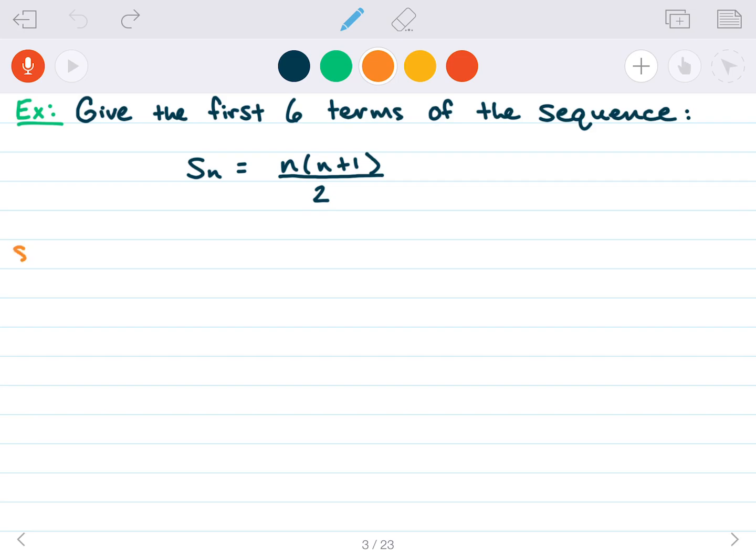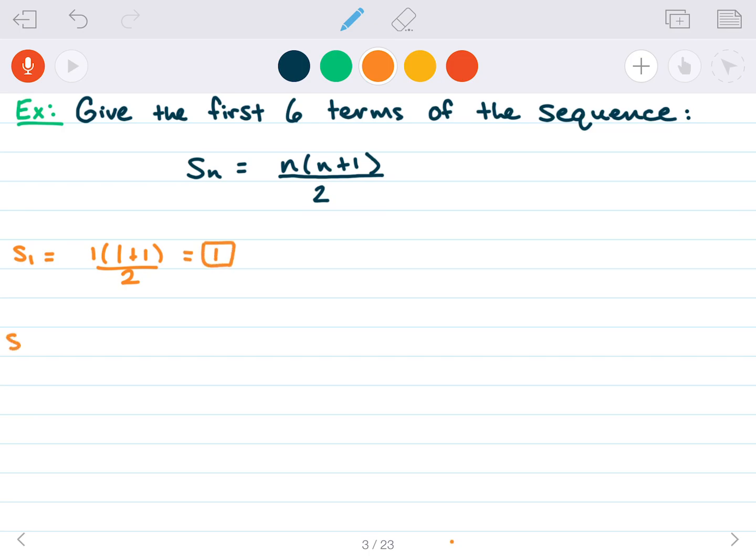Let's find the first 6 terms. The first term is S sub 1. If I plug in 1 anywhere I see an n, I get 1 times 1 plus 1 over 2, and that simplifies down to just 1. So S sub 1 is 1.